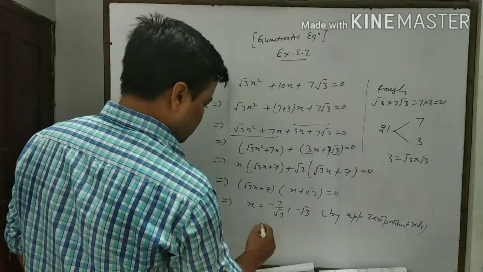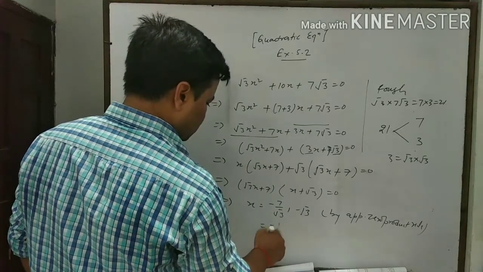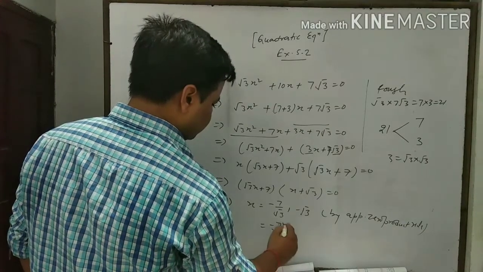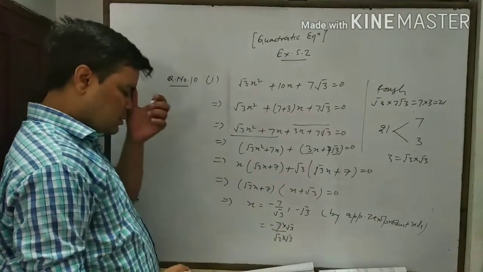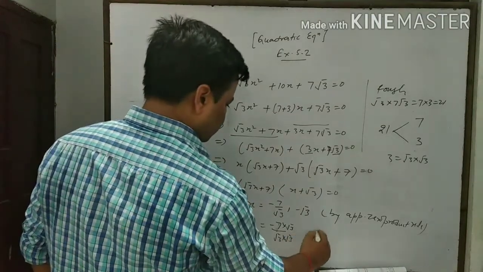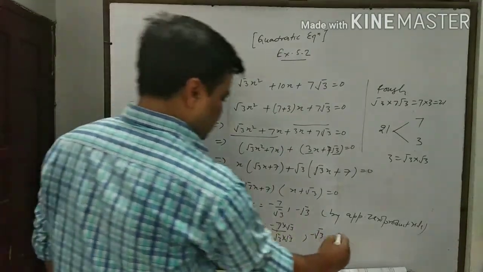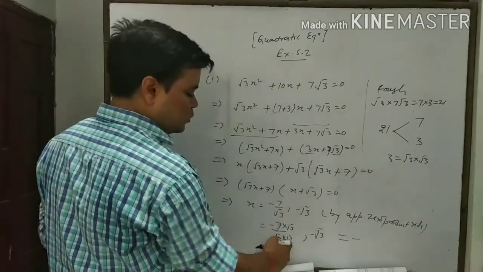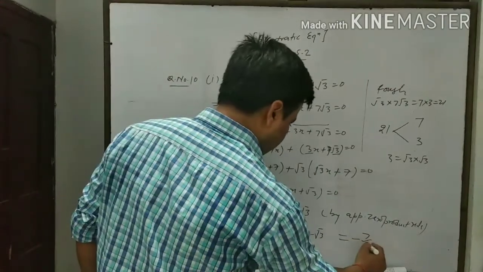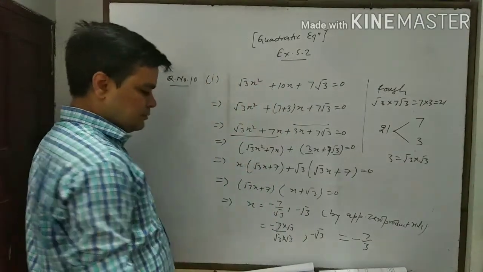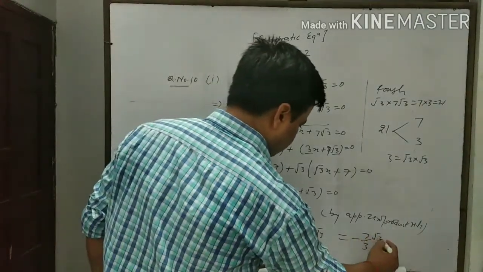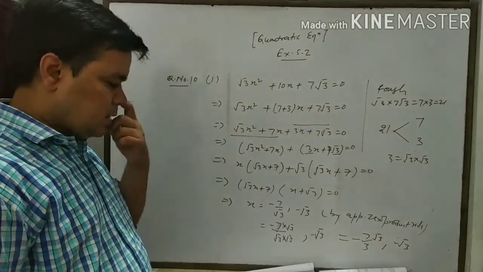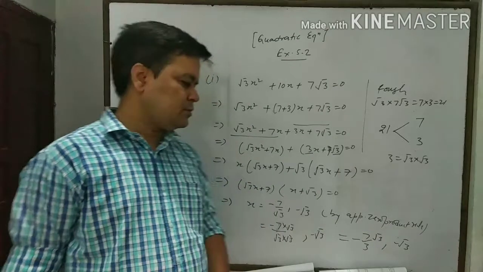For rationalization, we multiply root 3 in both numerator and denominator, and its value will be 7 root 3 by 3. And here minus root 3. So we can write it this way also, then solve the solution.